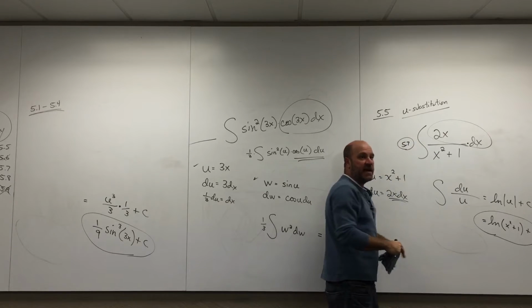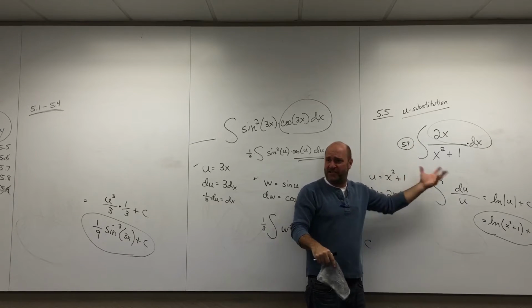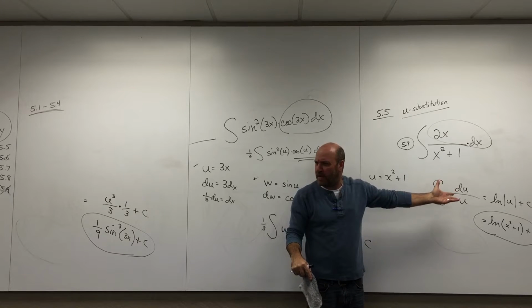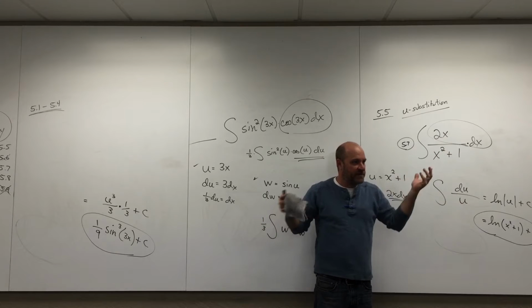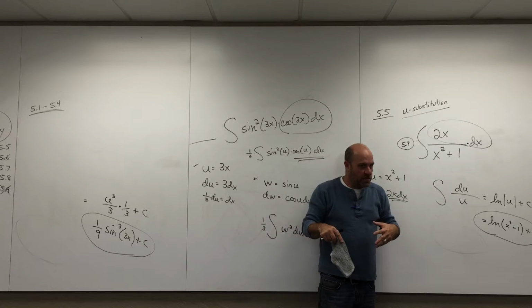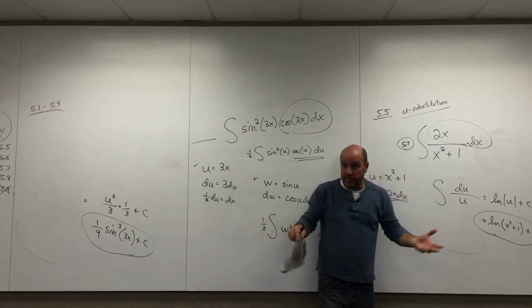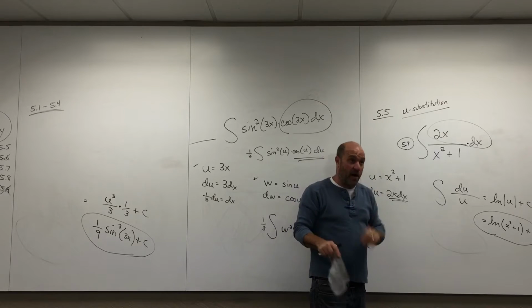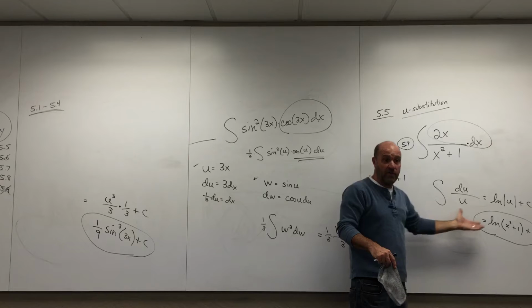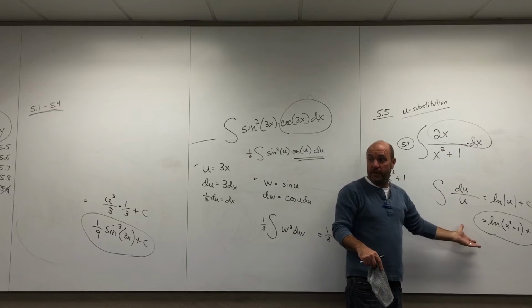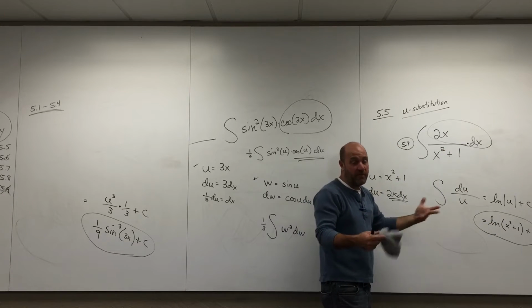Maybe they just didn't want to mix too much together at once. So in 5.5 there are a lot of u substitutions, but there won't be log problems. Then you get to 5.7, and there are more u substitutions like this involving log.